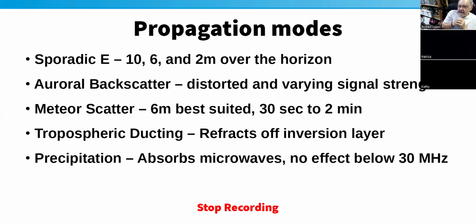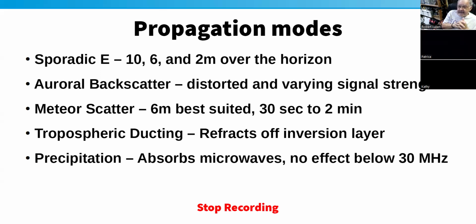And that can happen on the 10, 6, and 2 meter bands. So it allows you to do some possibly over the horizon communications. But the reason they call it sporadic E is it's a very sporadic communications, because you're relying on signals bouncing off of ionized particles in the E layer of the ionosphere.